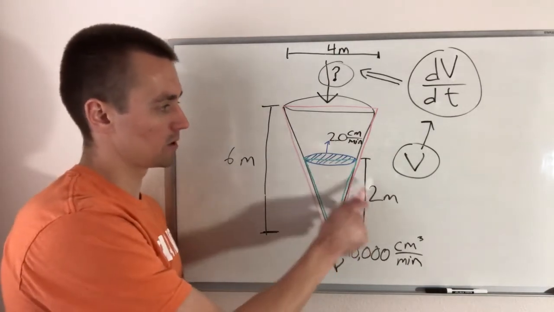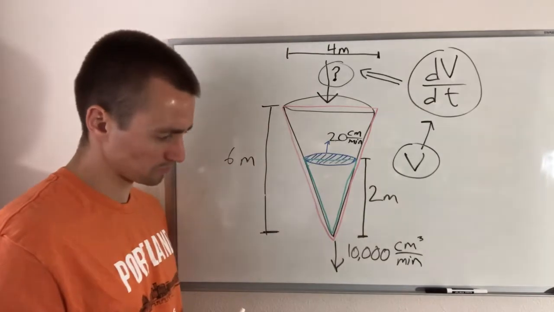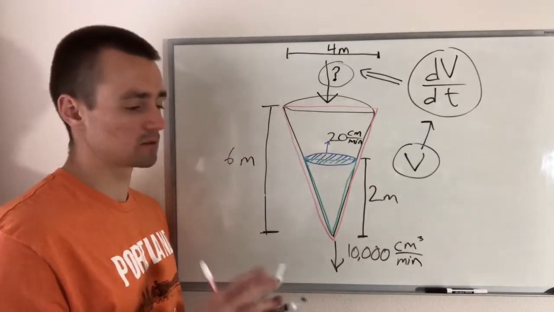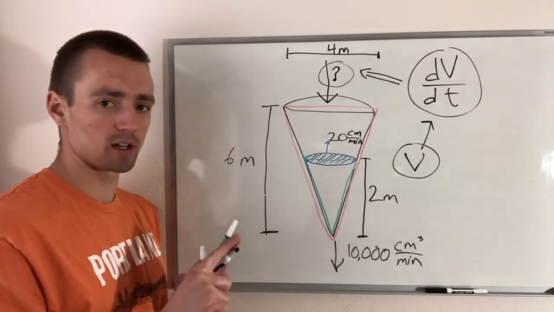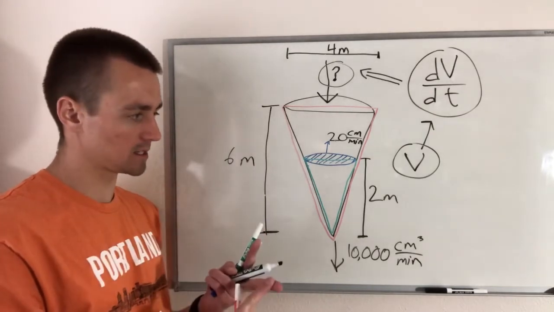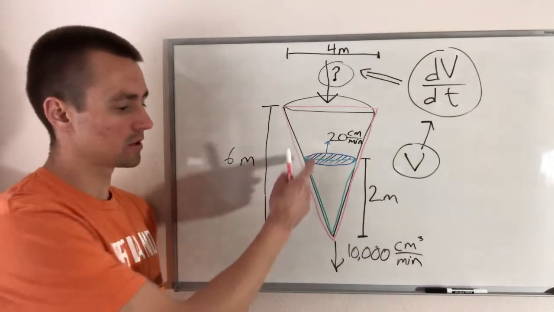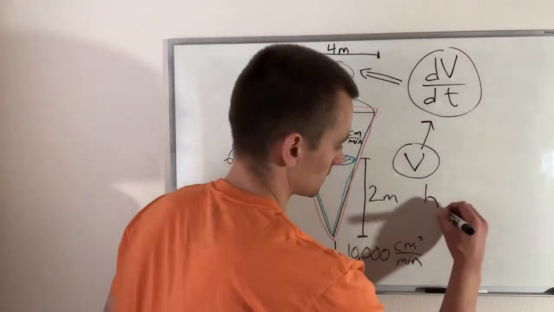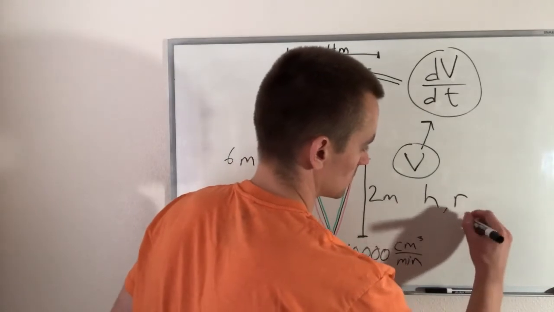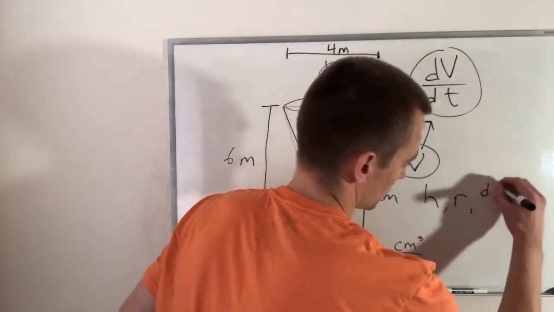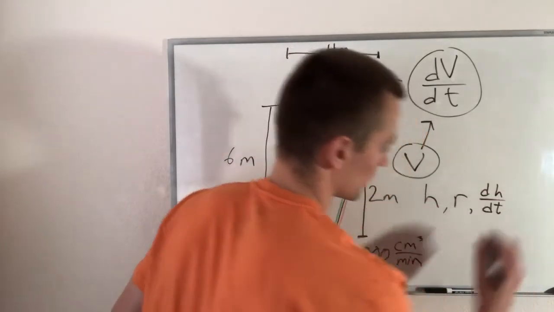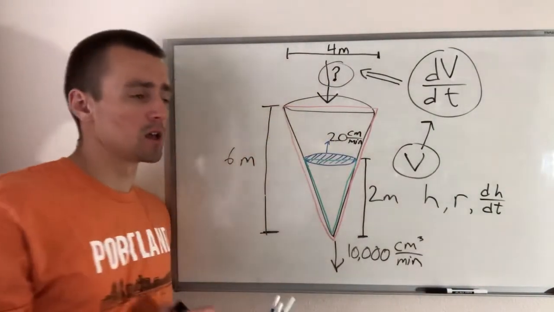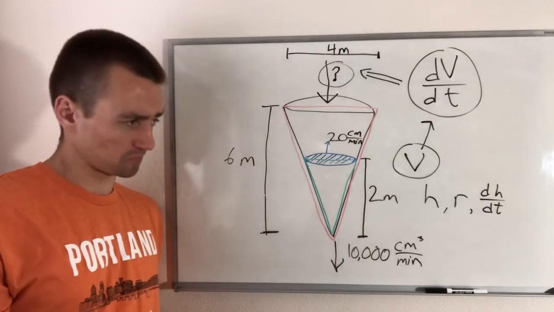We know the height, we know the rate of change of the height. So we know essentially just those two things, diameter or radius and height of the small cone. The rate of change of the height will come into play, but like I said, our equation is not going to have any rates of change in it.